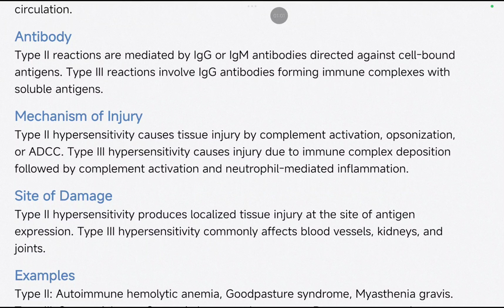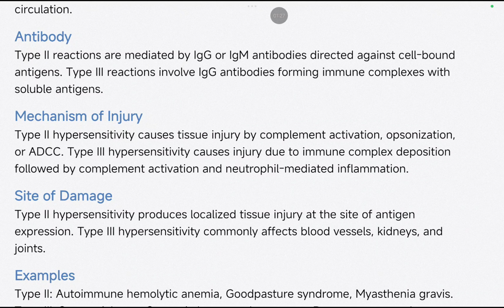Antibody: type 2 reactions are mediated by IgG or IgM. Any one of them can cause it, directed against cell-bound antigens. And type 3 reactions involve IgG antibodies forming immune complexes with soluble antigens. So at the antibody level also, in type 2 it is IgG or IgM, any one, whereas in the case of type 3 only IgG will be there.